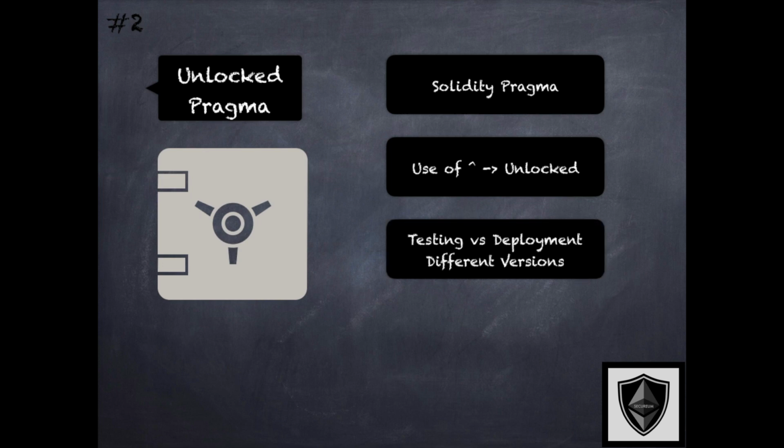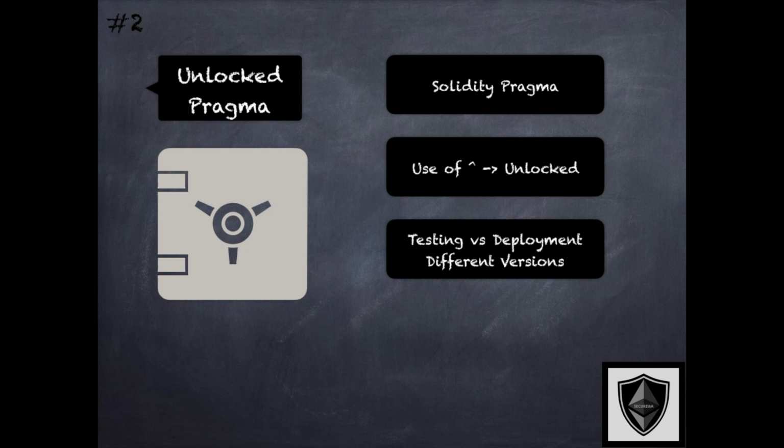And why this becomes interesting from a security perspective is that the use of such an unlocked or floating Pragma allows one Solidity compiler version to be used for testing, but potentially a different one that is used for compiling the contracts while being deployed.